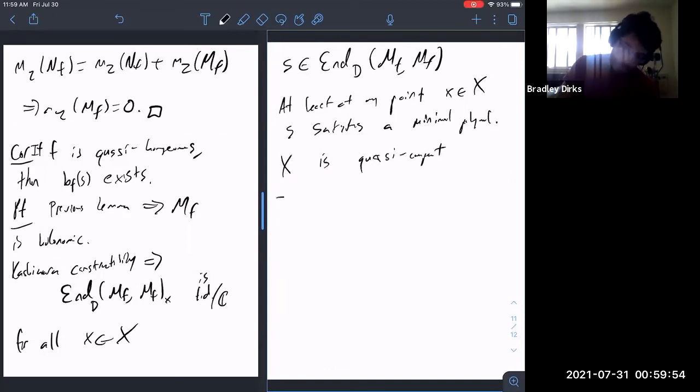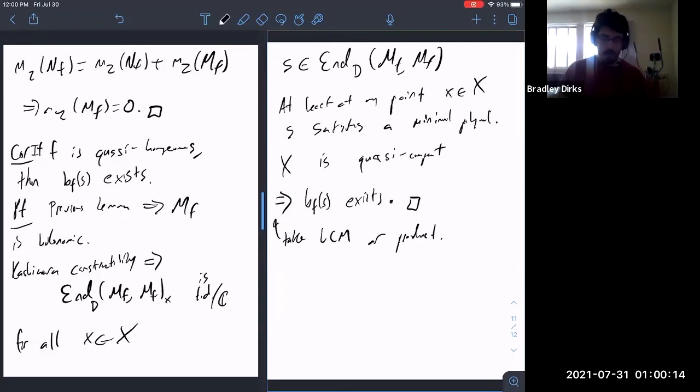And so by taking the LCM or just the product of these for finitely many points corresponding to some open cover, this b-function exists. Take LCM or product. Okay, so we can see how all those things that we started out today with came together to prove existence of the b-function, at least in the quasi-homogeneous case. Yeah, so I think I'll stop there. Thank you guys for listening.